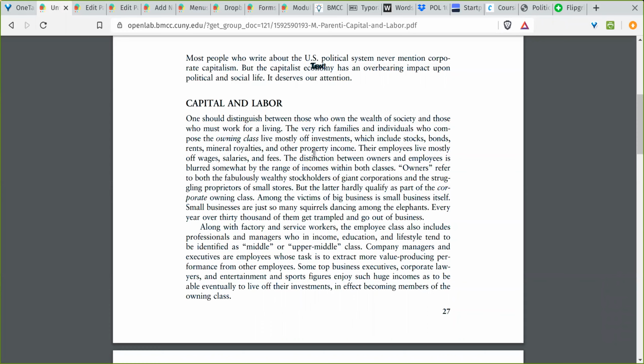They don't need salaries because they can live off of their investments, their wealth, essentially. And of course, the laborers, the workers, are people who live mostly off of their salaries, right? So this is a basic distinction that you have to be clear, that makes the discussion of social class much more precise and actually meaningful.